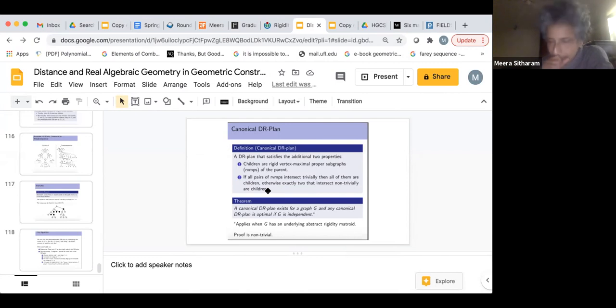The bottom-up and top-down algorithms are based on slightly different definitions of the canonical DR plan. We believe that the two definitions are the same, but we haven't proved it.